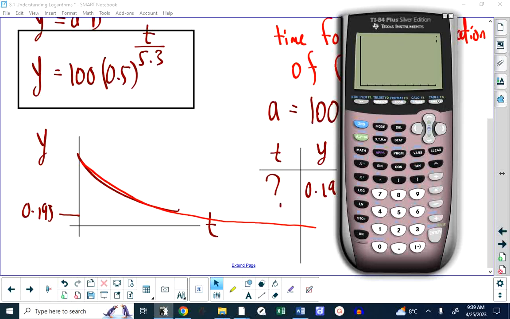I'm willing to bet that if I go intersect, they're there, they're just so close to the x-axis I can't see them. So the answer is actually 47.7.